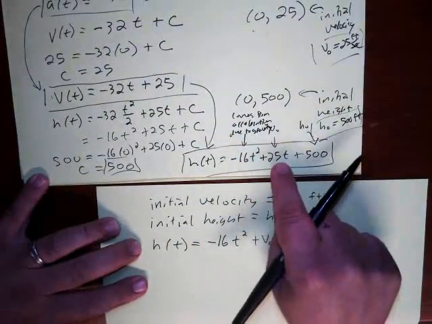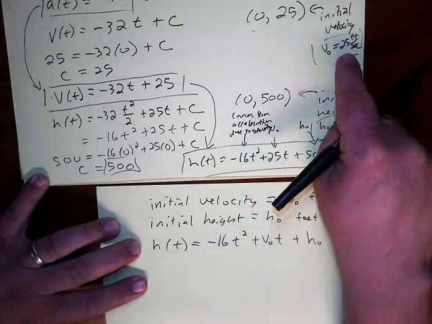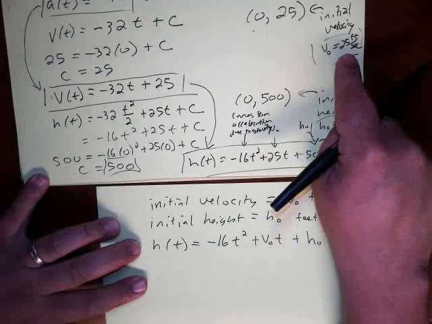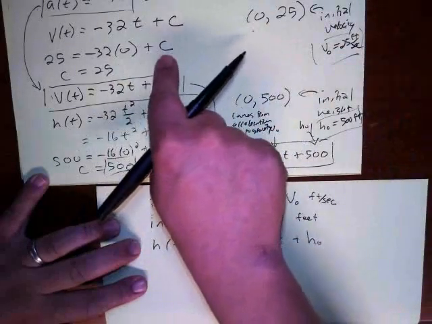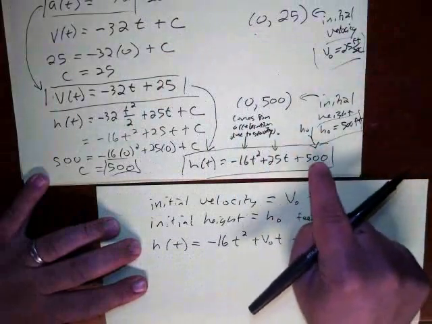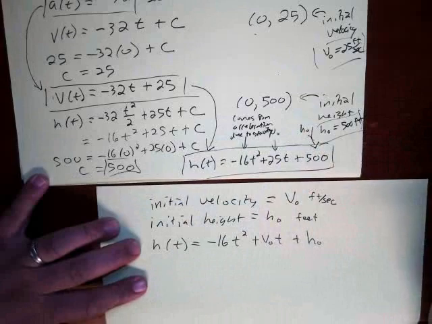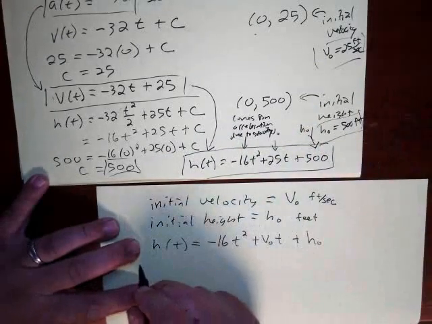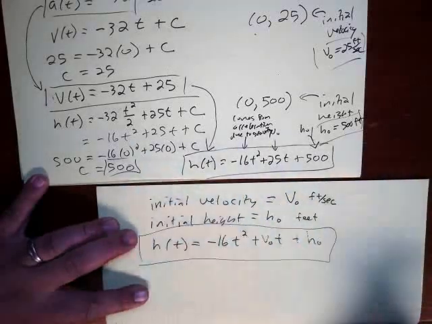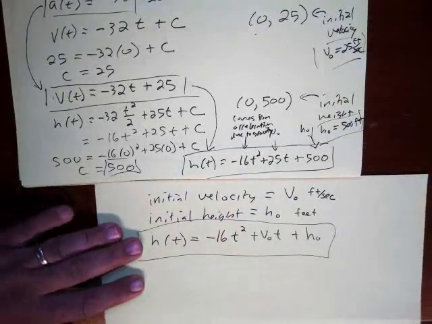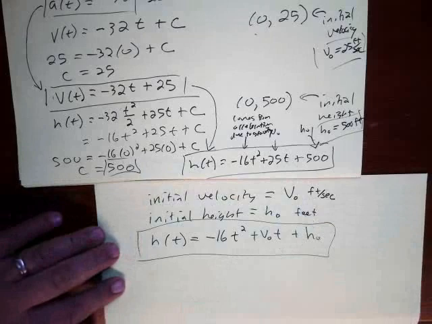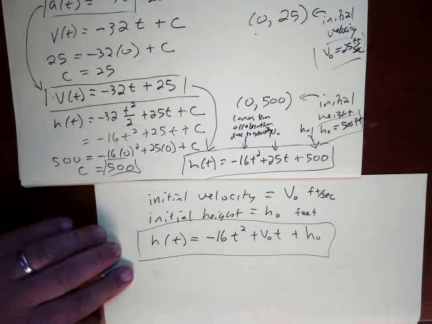Okay? And this is the initial velocity, because when you use this initial condition, you get a v naught for your c. This is the initial height, because when you use that initial condition, you get the height there. And so this formula, which I think we've introduced earlier, or you have seen at some point, this is why it is that way.